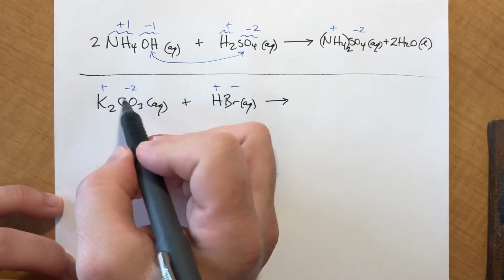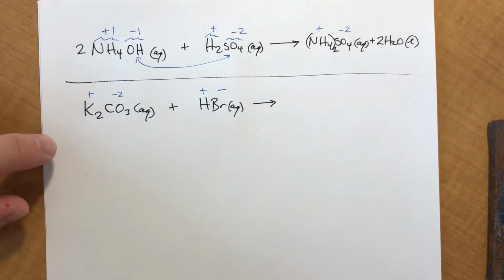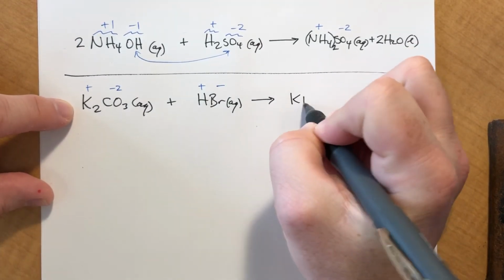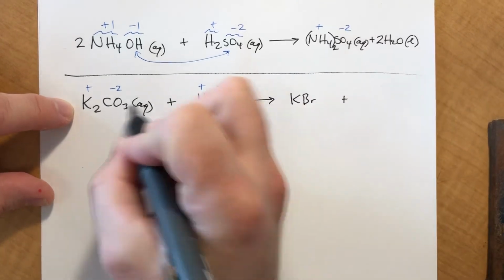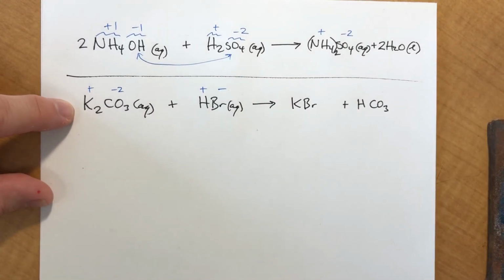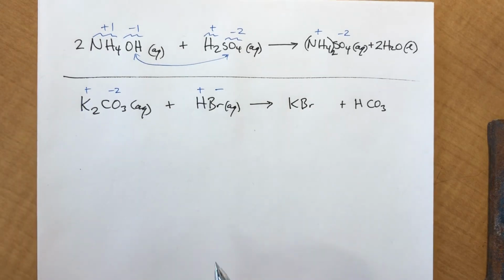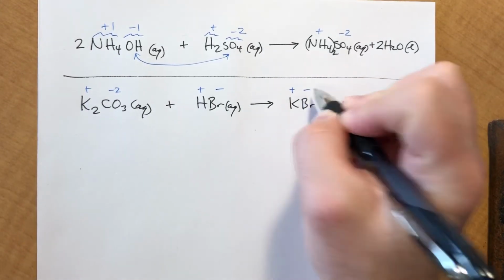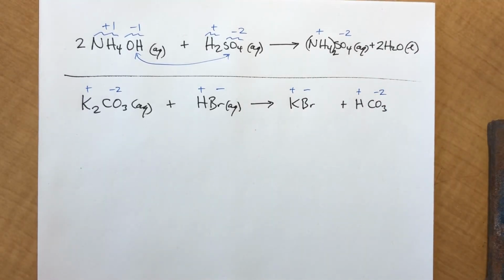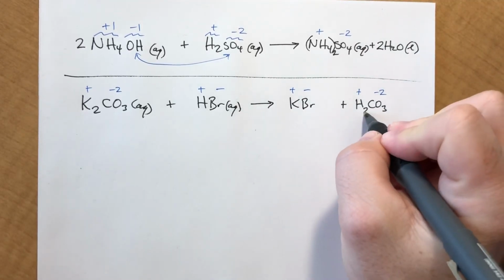Polyatomic ion, we should know that's that charge. We're going to bring one of everything over. So K with Br and H with CO3. Going to rewrite the charges. K is plus 1, Br is minus 1, H is plus 1, CO3 is minus 2. So we're going to need 2 of these.